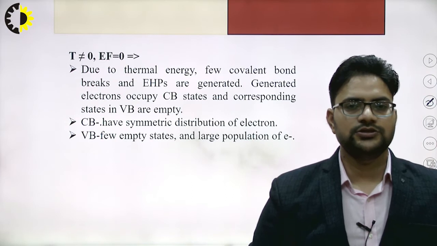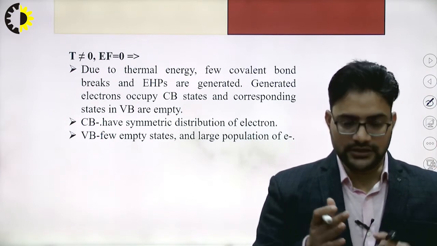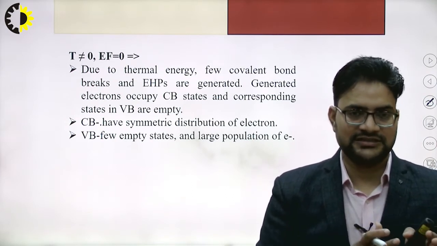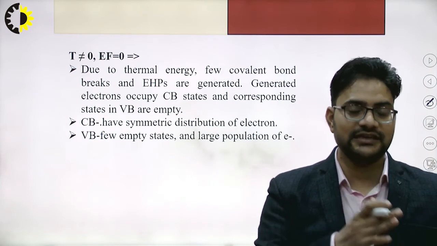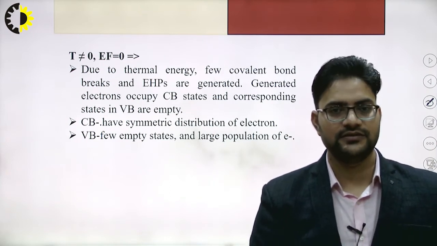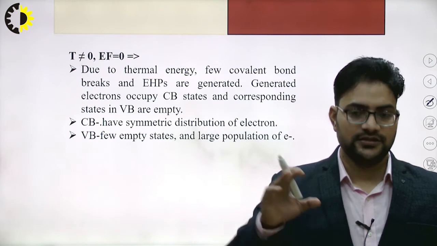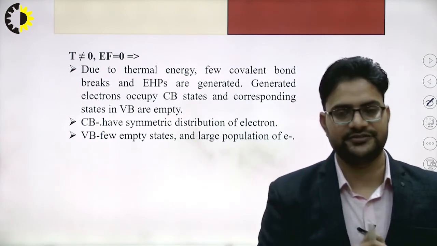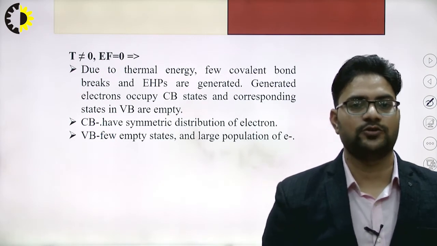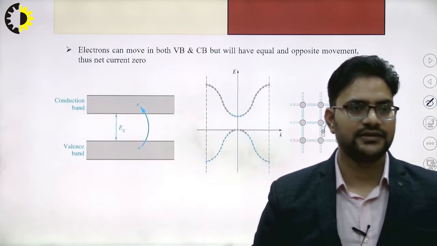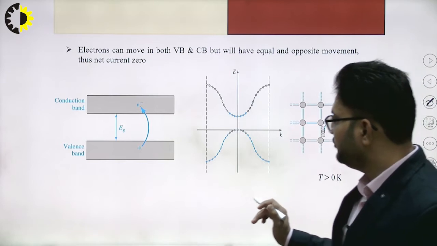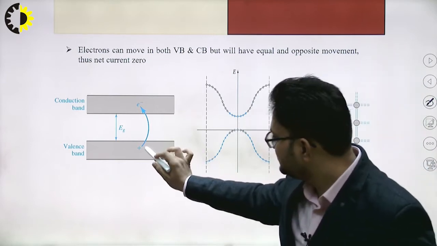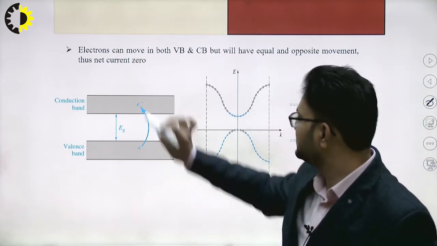Okay, so all the positions, that is, the electron positions in the valence band that become vacant due to the movement of electrons from the valence band towards the conduction band, are considered to be like a hole, right? So if you see this carefully, due to the thermal energy, these electrons are reaching from the valence band towards the conduction band.